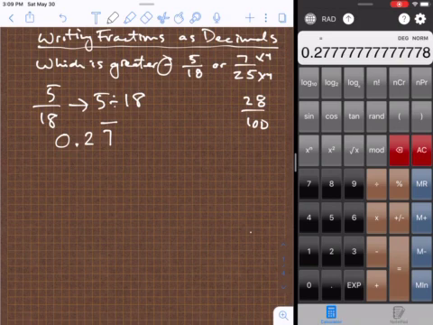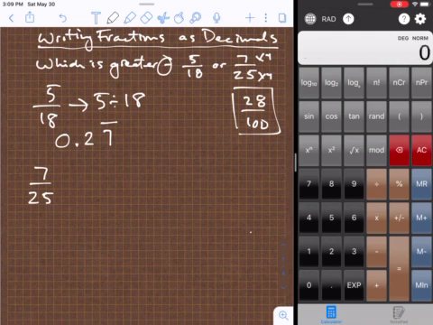All right, now let's do the same thing with 7/25. Hopefully some of you might be able to see this and say, oh, I know what it's going to be, and that's great if you do. But if you don't, you just go 7 divided by 25 and you get 0.28, and it is a terminating decimal, which means it doesn't go on forever and it's not repeating.